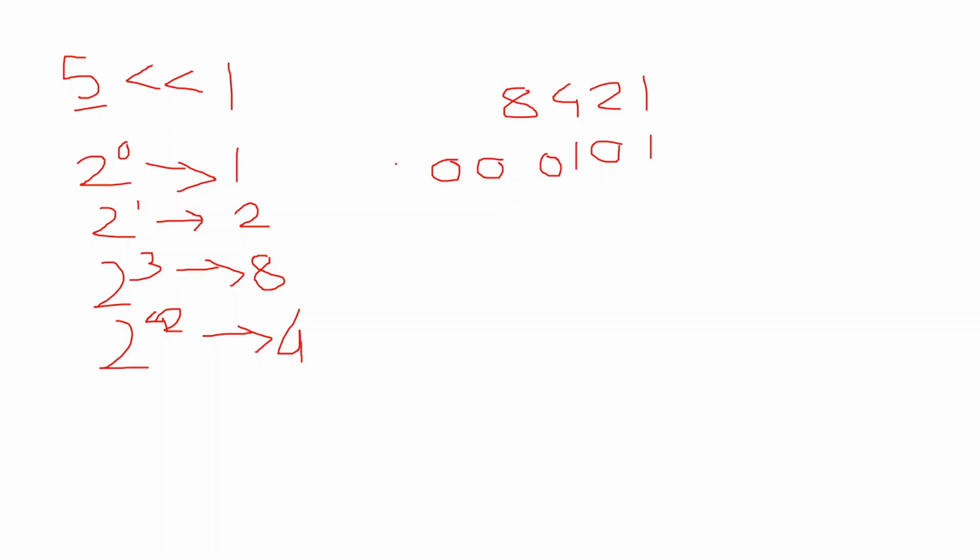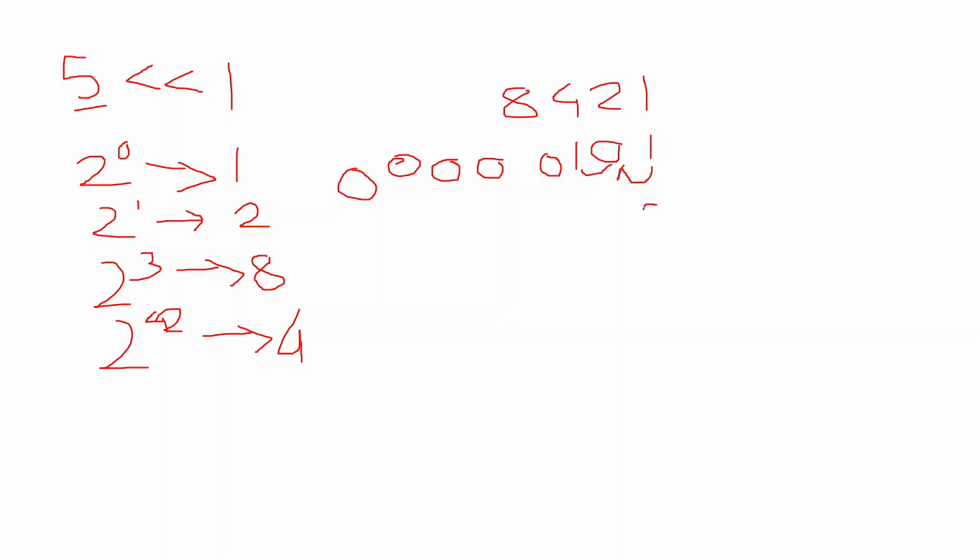Why are we considering this? Because we are doing the left shift operator, so one digit will be shifting here. So this 1 will shift here, 0 will shift here, and so on.